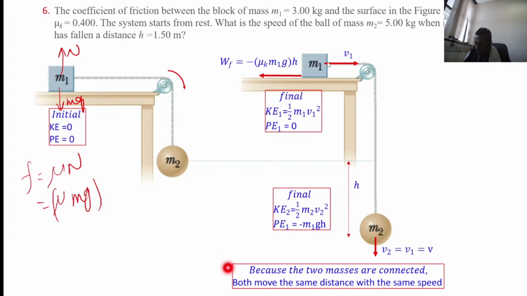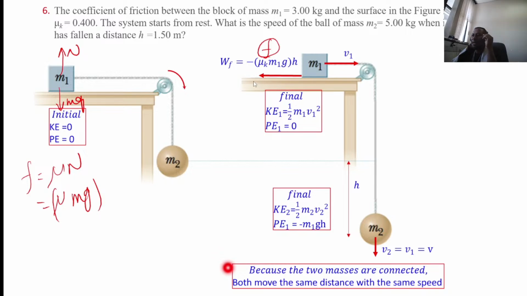Therefore, this expression is small f times the displacement h. Therefore, I've got the work done due to friction on M1 at final, plus, because M1 is in a state of motion, it must have one-half M1 V1 final squared. Therefore, I've got two energies associated with M1.